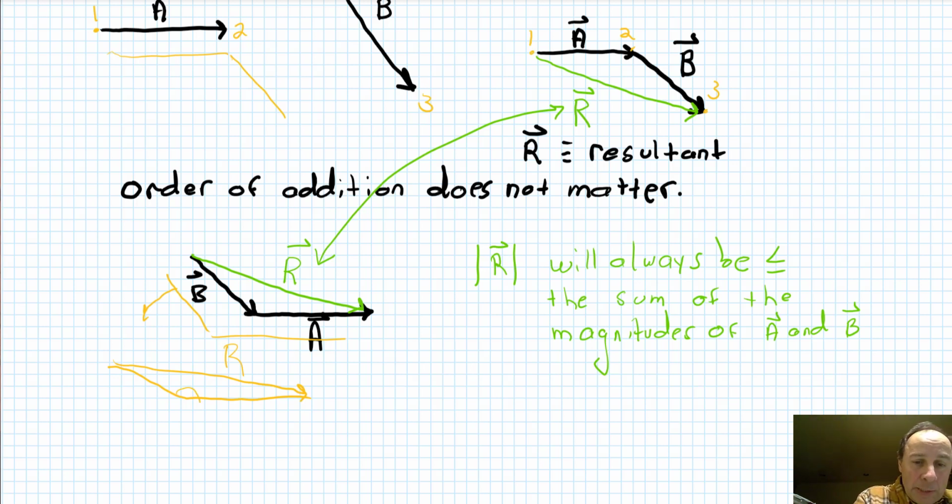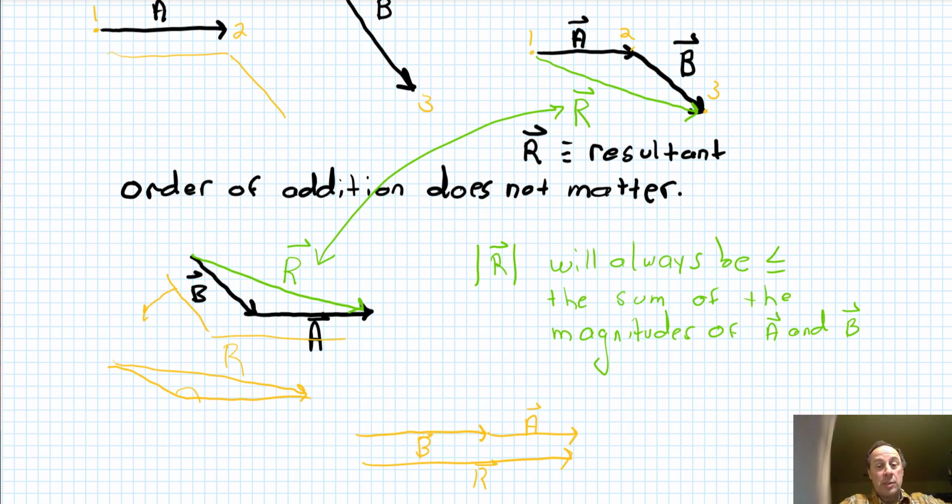When this angle is 180, what's happened is here's B and here's A. Right? So the magnitude, and that's the same as R, right? Same thing. A plus B is R. So the magnitude of R in this case is the sum of the magnitude of A and B exactly.